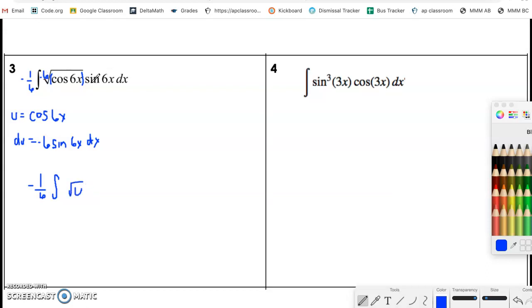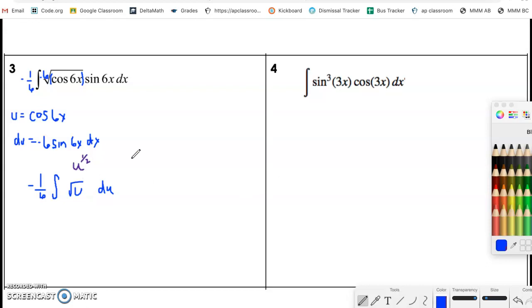And this negative 6 sine 6x and dx all disappear and become du. So remember, this is the same thing as if you had a u to the 1/2.